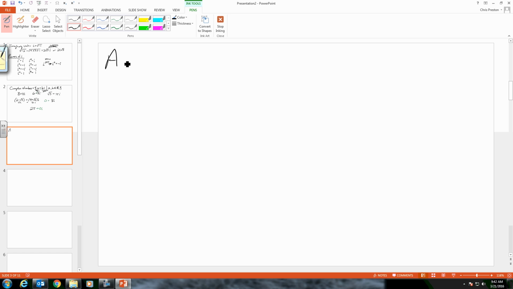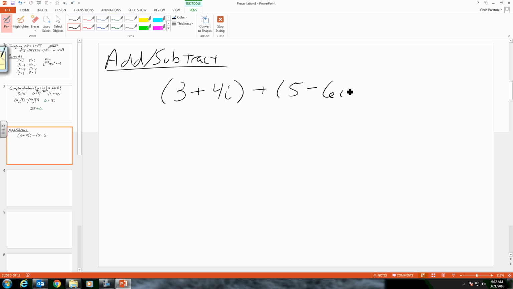So let's say we want to add or subtract some complex numbers. Things might already be kind of set up for us. Say I want to add these two complex numbers together. What I want to do is combine like terms.